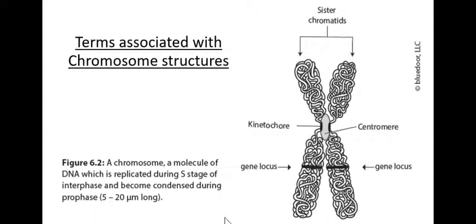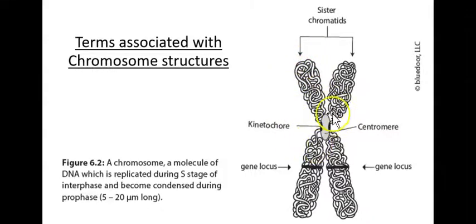But if you want to move that ball of yarn from one room to another, you wind it up. You don't drag it around with the yarn hanging off and you're tripping over it. So cells are going to do the same thing. They're going to condense this DNA as they go into the M phase there. And so what we're looking at here with these two sister chromatids making up this chromosome structure is your condensed DNA right there.